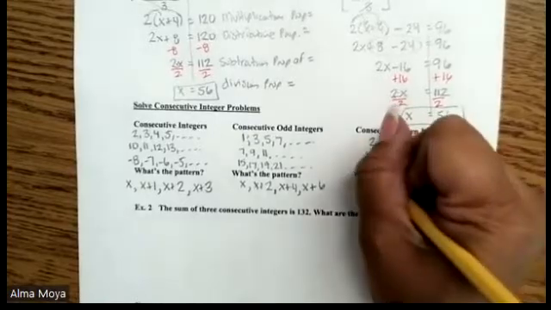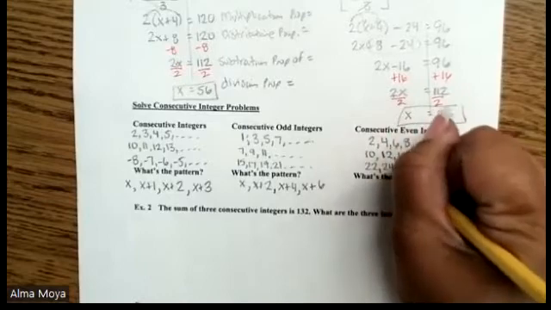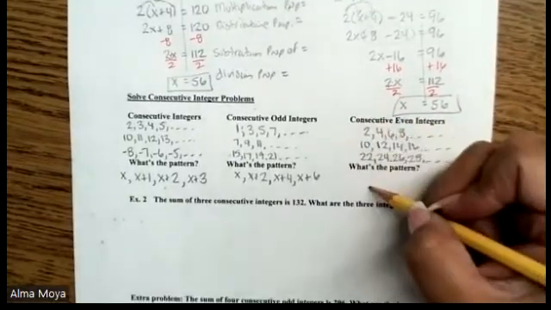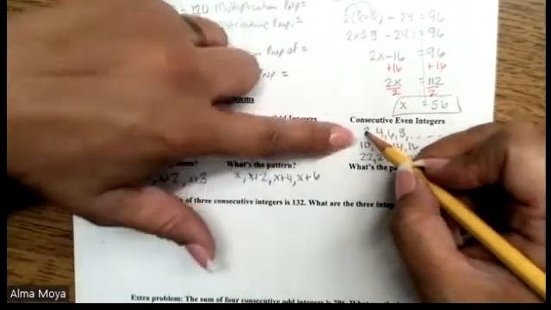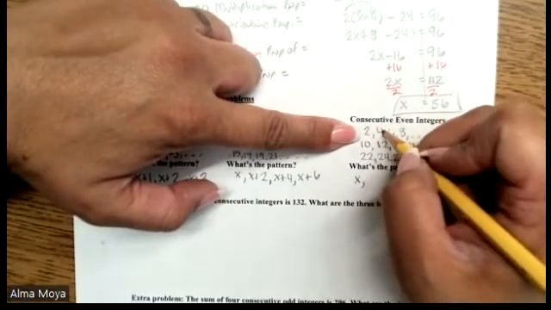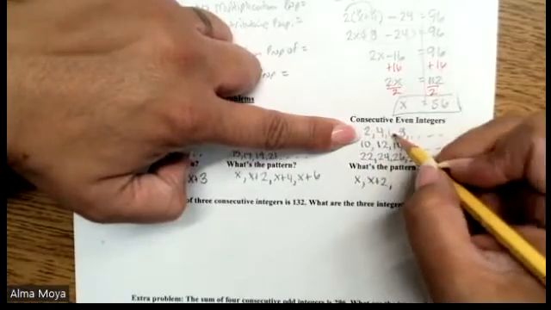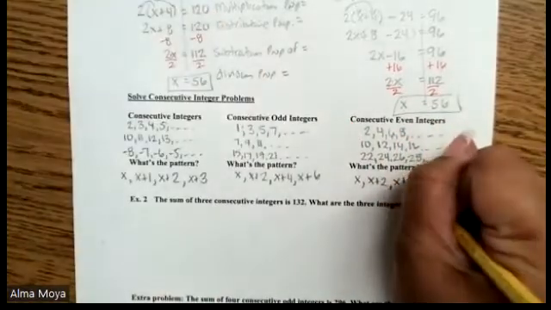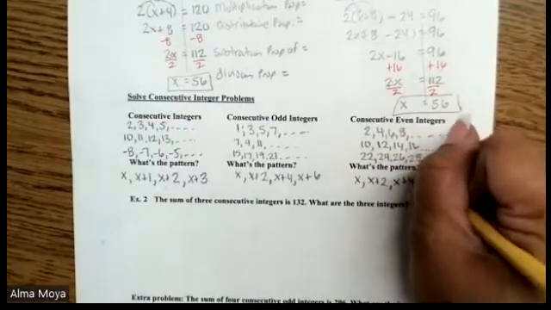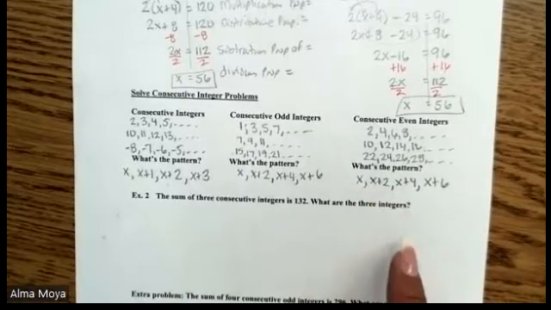If we start off with, let's say, 22, the next even number is going to be a 24, a 26, and a 28. So when we think of the pattern here, if the first number is x, how do I go from 2 to 4? You are adding 2. How do you go from 2 to 6? You are adding 4. How do you go to 8? You are adding 6. So that's the pattern on this one.